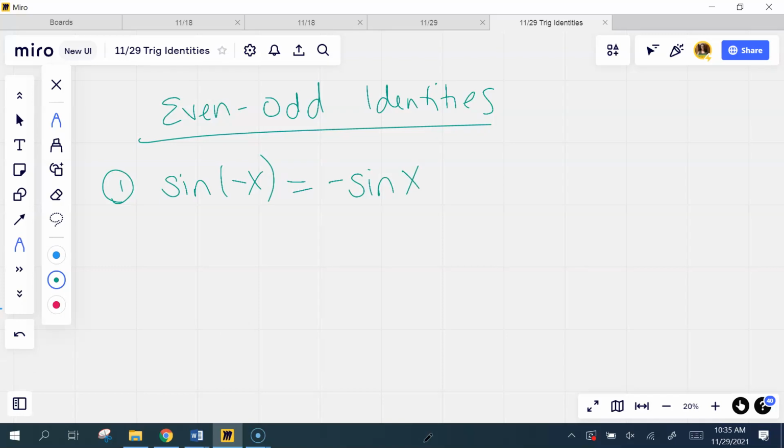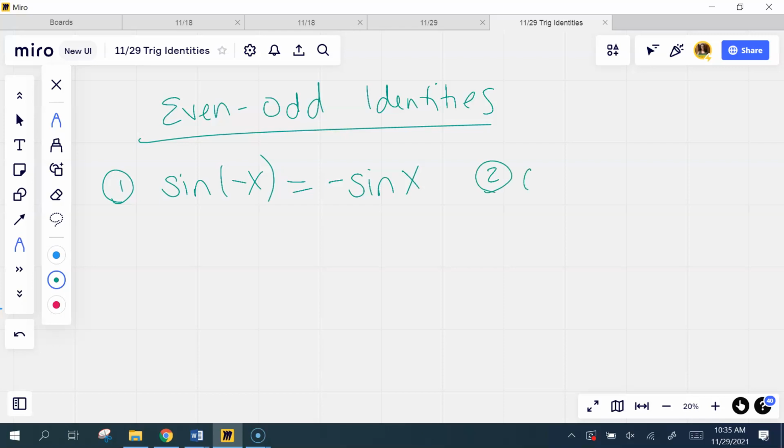The sine of negative pi over 4 is the same thing as negative sine of pi over 4. Does that make sense to you? If I go negative pi over 4, the sine is negative square root of 2 over 2. The negative sine of pi over 4 is negative square root of 2 over 2. So it just negates the value there. So you can switch those off.